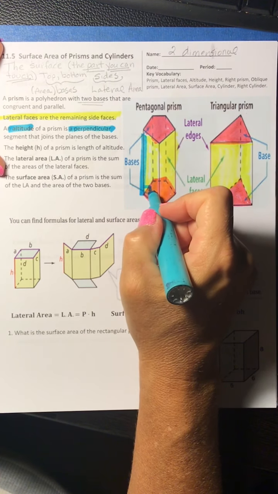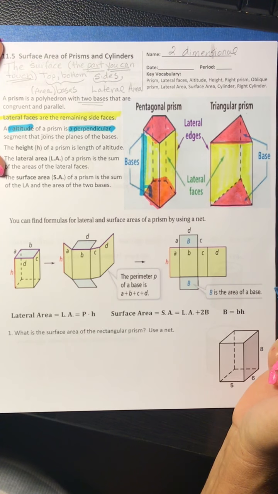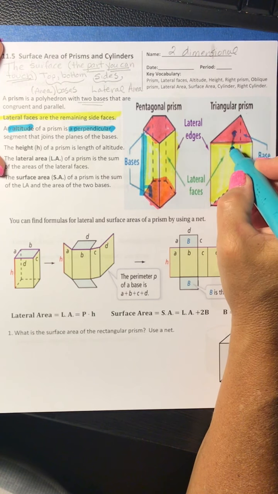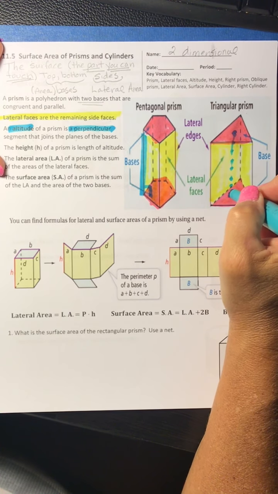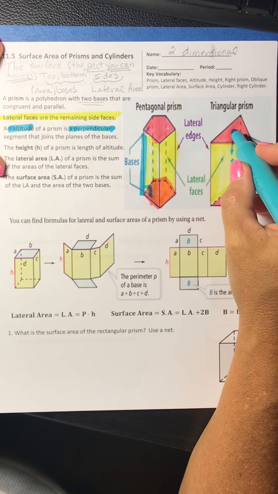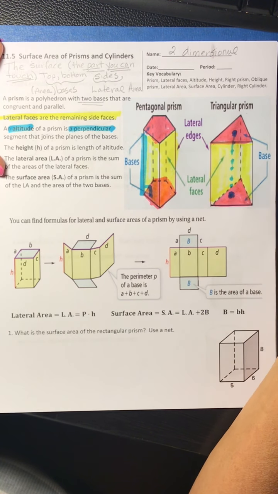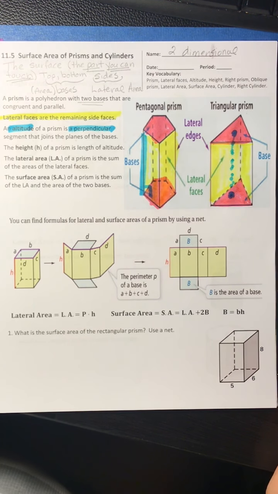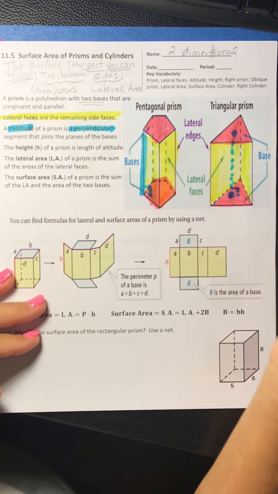It's perpendicular to the base. We could also find this perpendicular height through the center. It does not only have to be along an edge, but it can be from the middle to the middle, and then we could draw the height coming through the middle. But it's still going to be perpendicular.